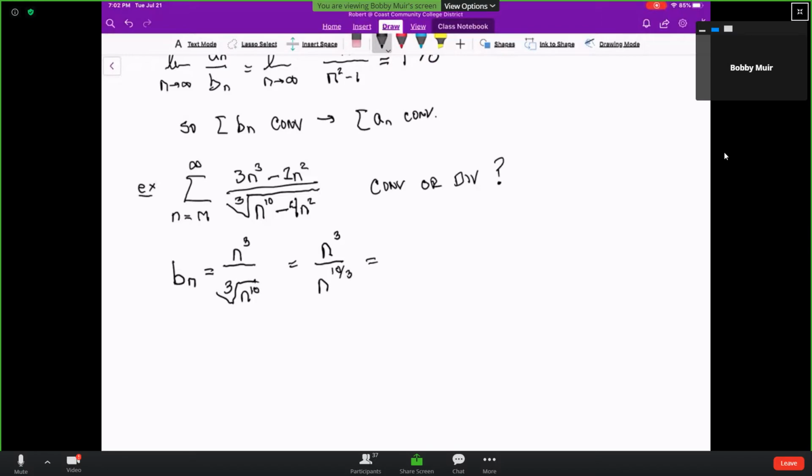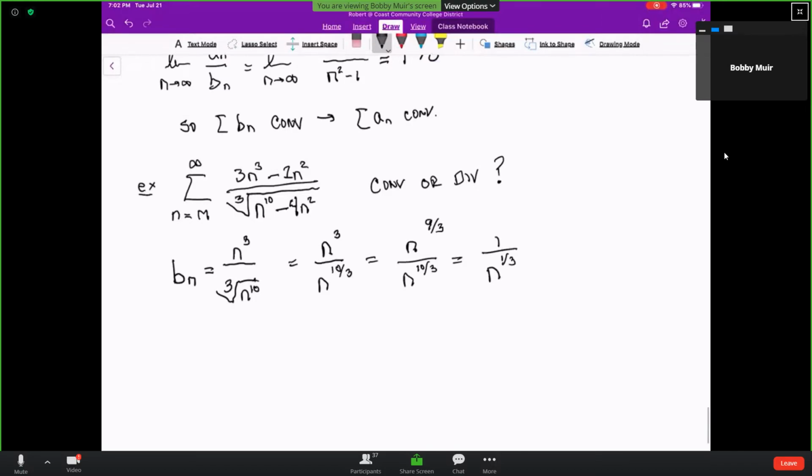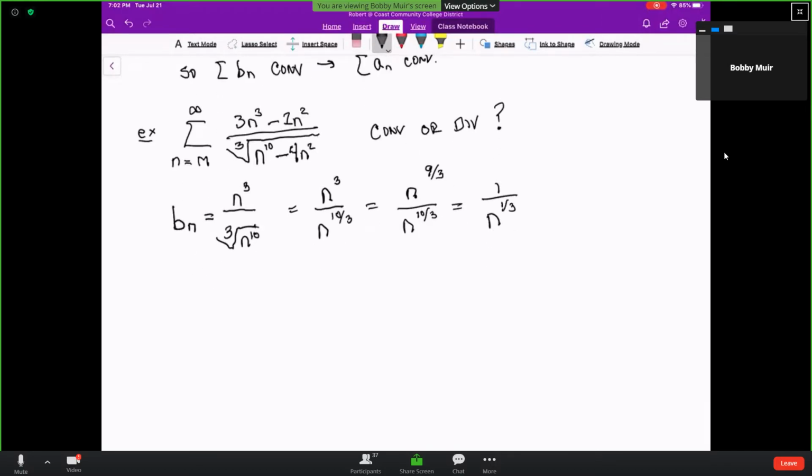And so that's going to be n to the 9 over 3 over n to the 10 over 3. So that's going to be 1 over n to the 1/3. Okay. So I'm taking the dominant terms, and this is what I'm going to compare it to.